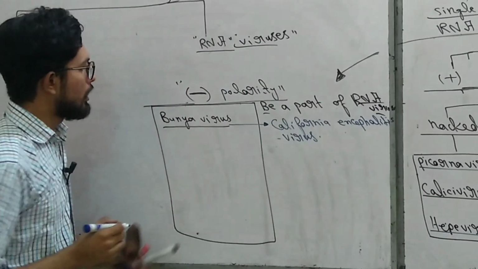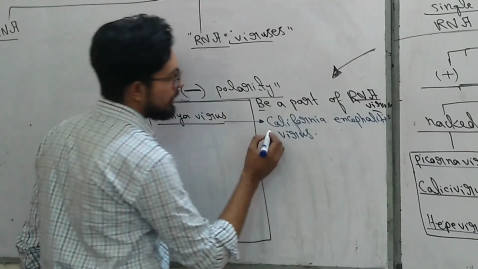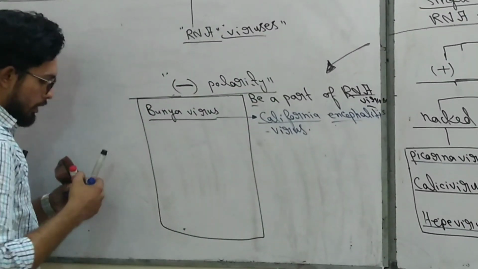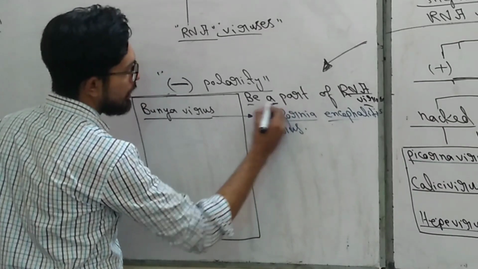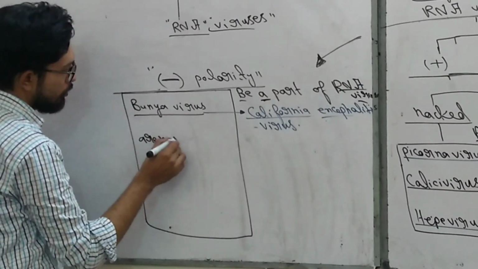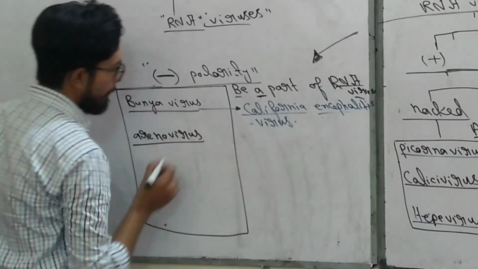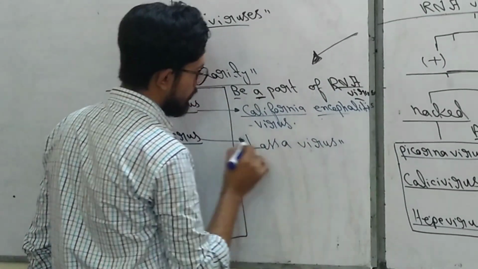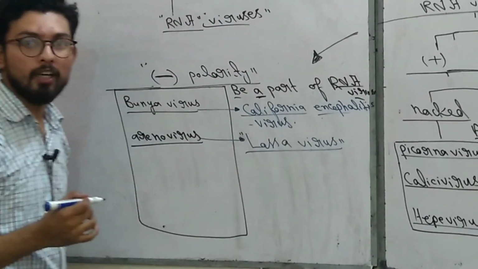The second one is A, which stands for arenavirus, and arenavirus contains Lassa virus. In Pakistan, the female version of Lassa virus is Lassi virus.